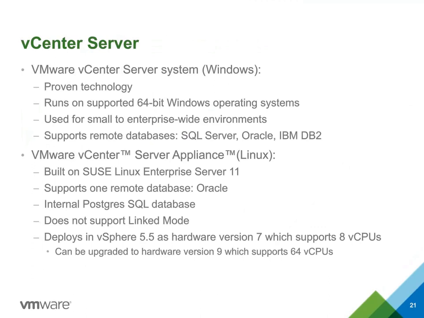If those individual little things, such as the support for linked mode, don't matter to a customer, then either version of vCenter can work equally well in their environment. So depending upon issues such as the ones we've outlined or others that the architect may explore with the customer, the architect is going to decide whether to use vCenter on top of Windows or on top of Linux in the virtual appliance.